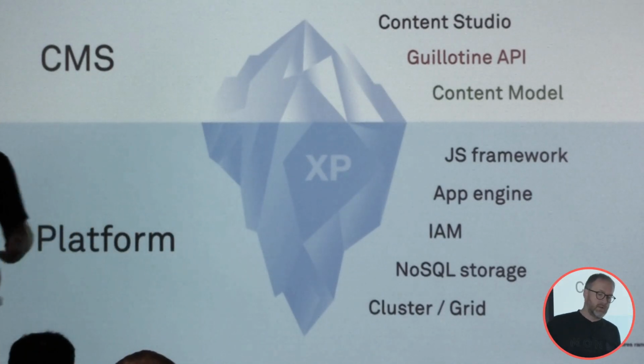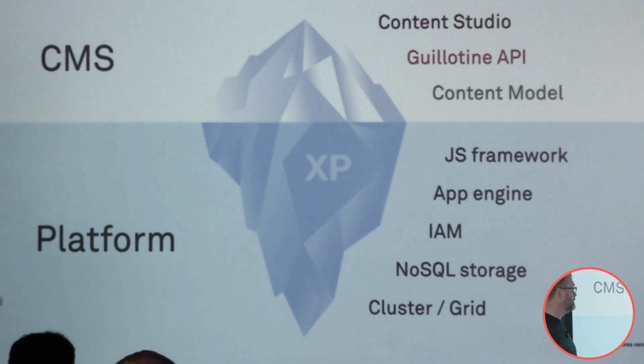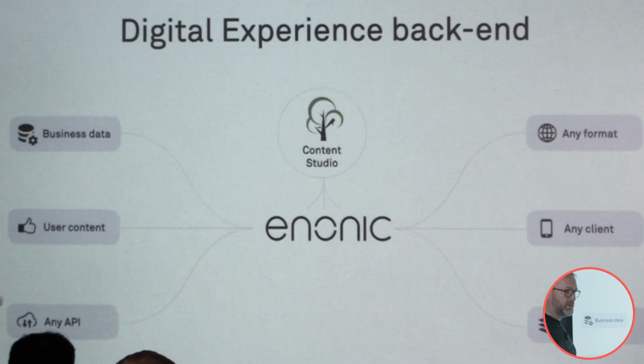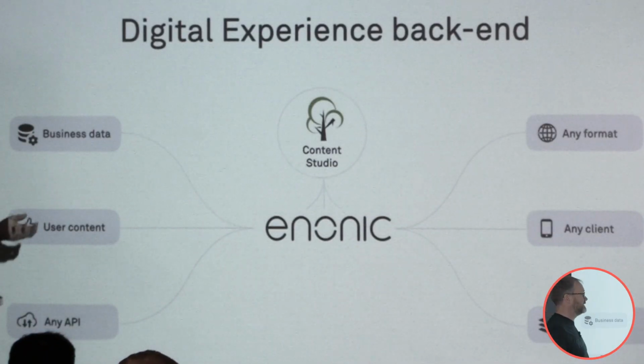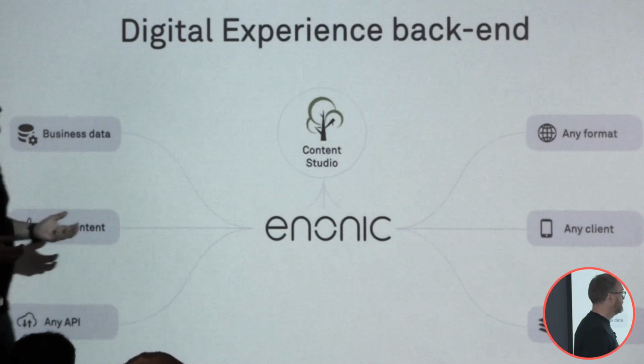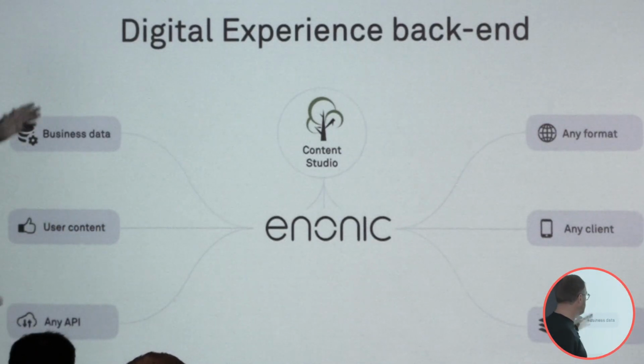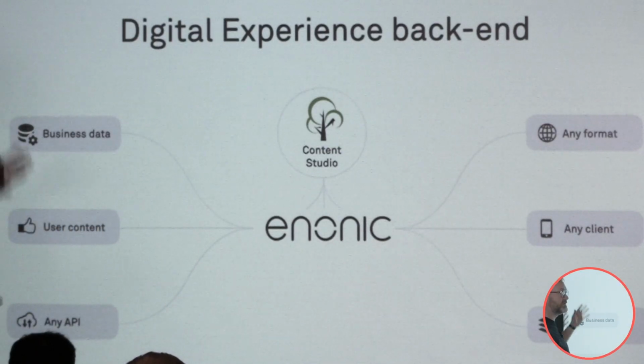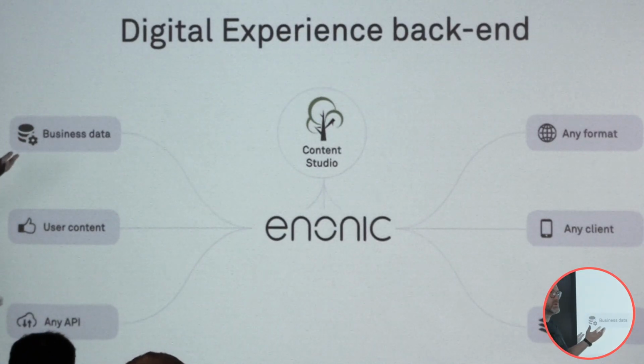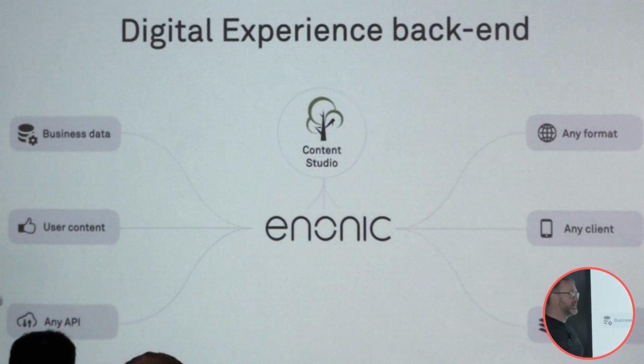So when we put these things together, and especially now we focus on the Guillotine API, you literally have a digital experience backend. What does it mean? Well, it means you can have any kind of things, like typically you have your own systems running your own data.